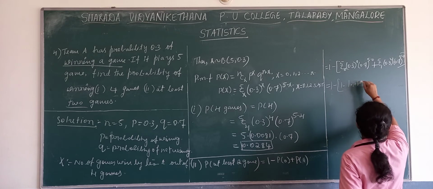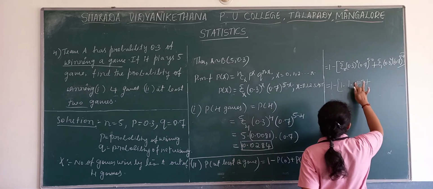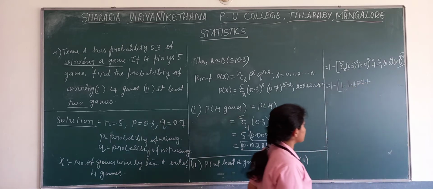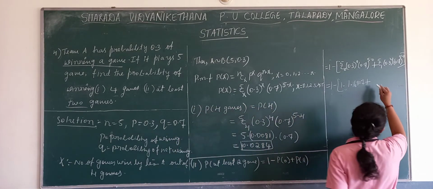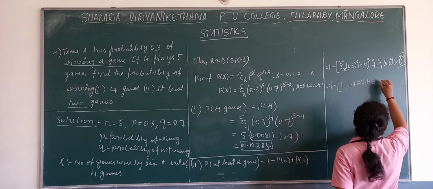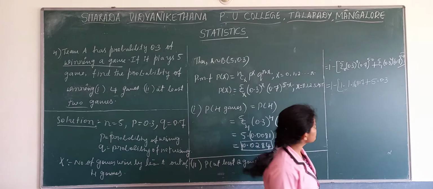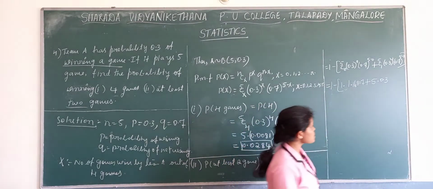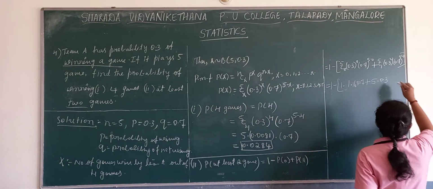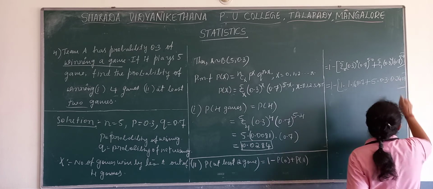0.16807 plus 0.7 to the power 5, plus 5c1 value is 5 into 0.3 to the power 1, so as it is 0.3. Next 0.7 to the power 4, 5 minus 1 means to the power 4, there you get 0.2401, close the bracket.